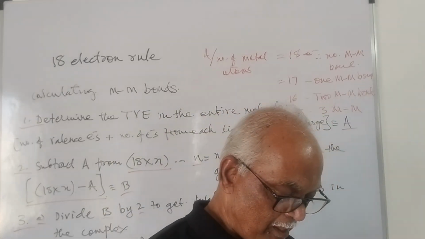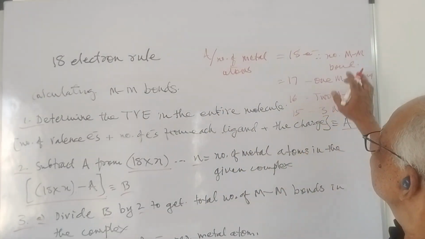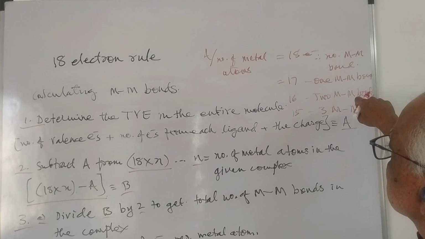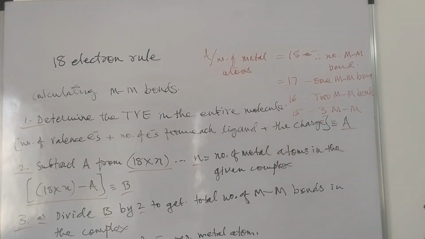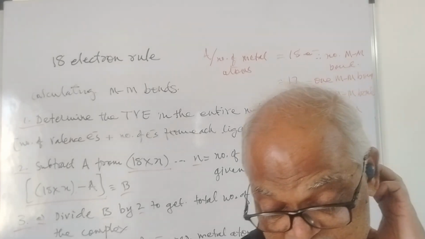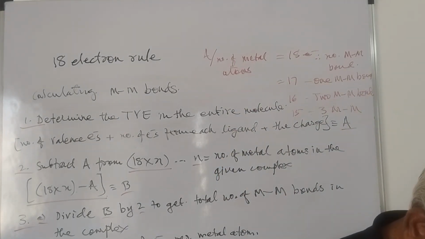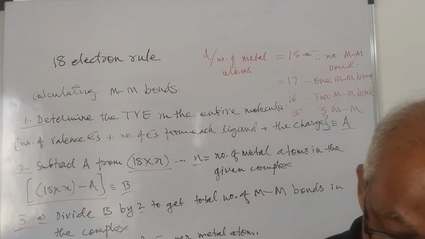So in this way, we can have the various information, which will help us to formulate and design the structure of compounds. Now we will understand this using some examples.